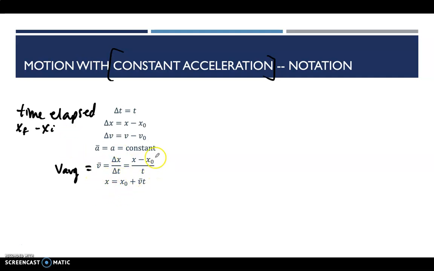So if I were to take this equation here and solve for x, this is what I'll get. If I move over my t here, v times t equals x minus x naught, then solve for x, and we get this equation here.